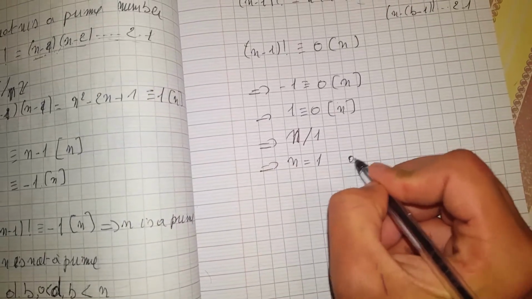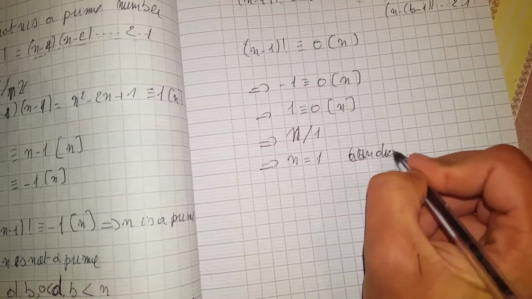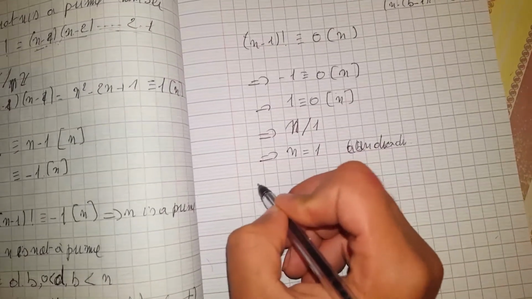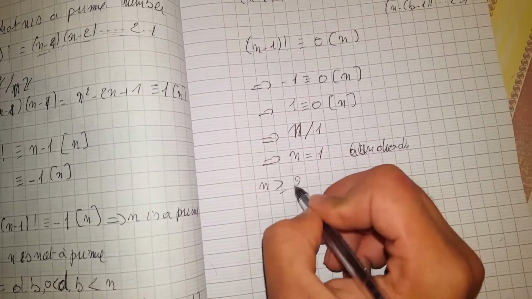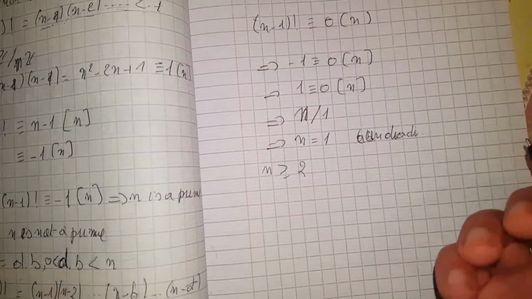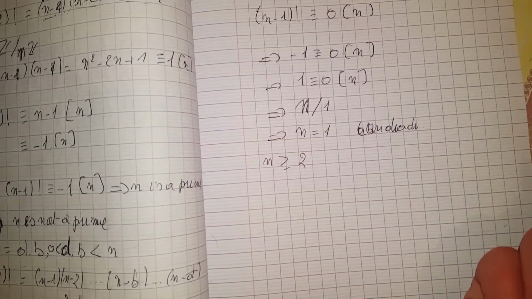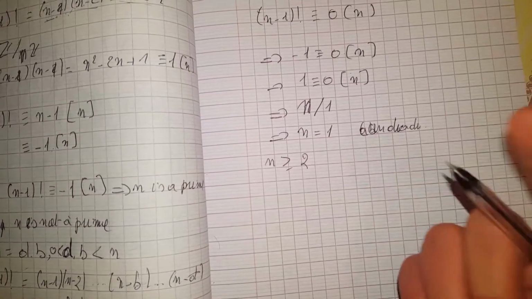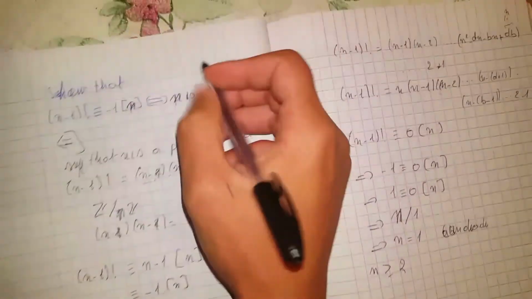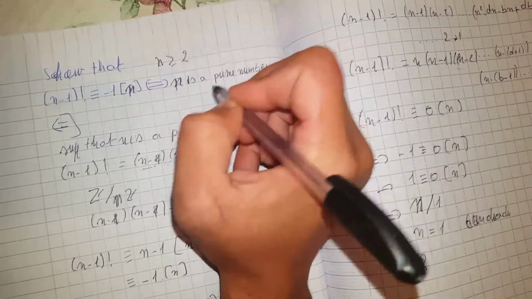But that is a contradiction with n being greater than 2. If it's equal to 1, that's just one case, and here I actually forgot that n is greater than 2.